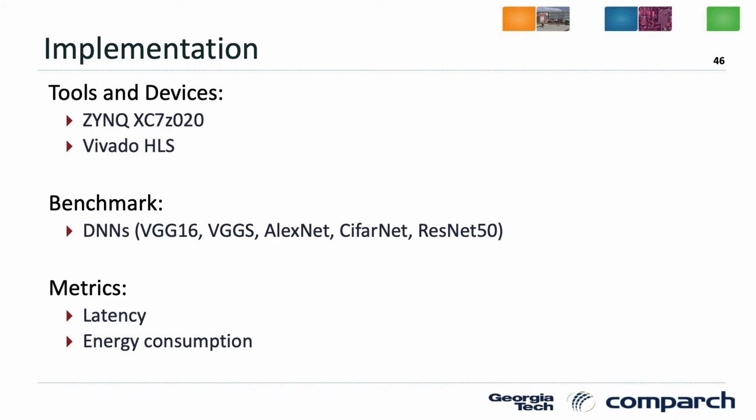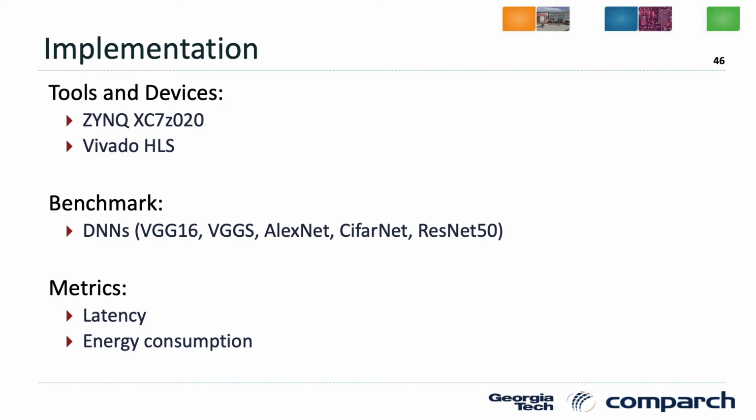To evaluate our proposed systolic array, we implemented it on a ZYNQ FPGA using Vivado HLS. We used appropriate pragmas to describe the multiplier array as well as making sure the adder trees are balanced. Our benchmarks are 5 deep neural networks with various matrix sizes.